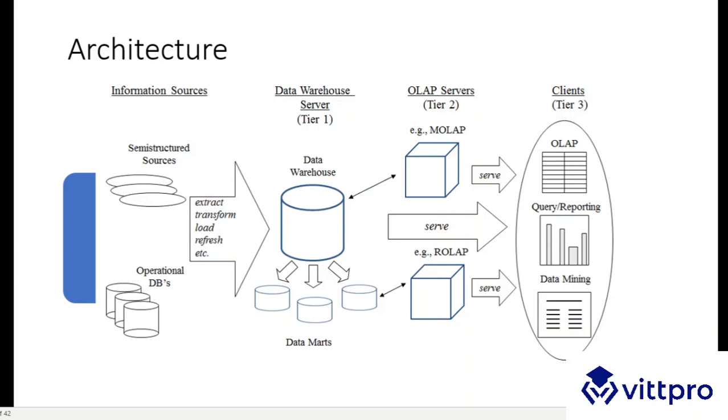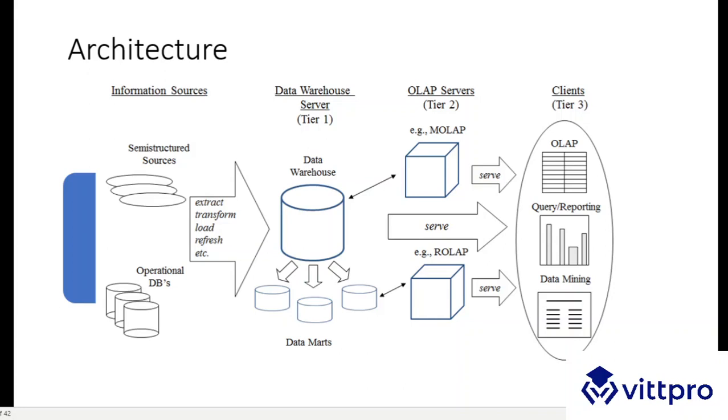That is called tier 2, the tier 2 servers. And then there is normally the client tier, right? The client means the query, the reporting, maybe a dashboard, or another application which users are using. So users are not working directly on tier 2, they are working on tier 3, the actual users on client systems. That is called the n-tier architecture.